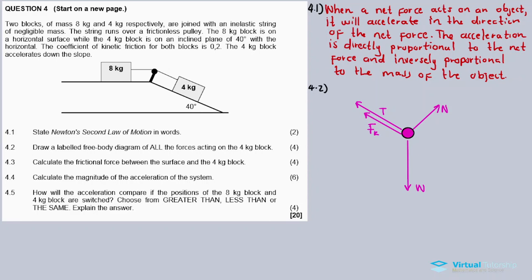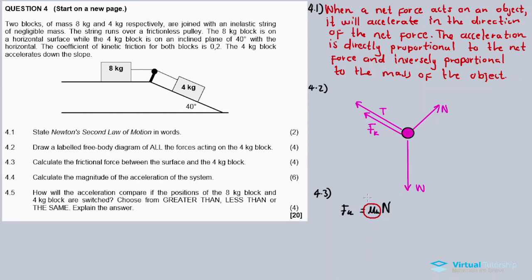So that is the free body diagram for 4.2. Now 4.3: calculate the frictional force between the surface and the 4 kilogram block. The frictional force is calculated as Fk equal to mu k times the normal force. The mu k represents the coefficient of kinetic friction, and then the normal force we must calculate, since mu k is given, right?